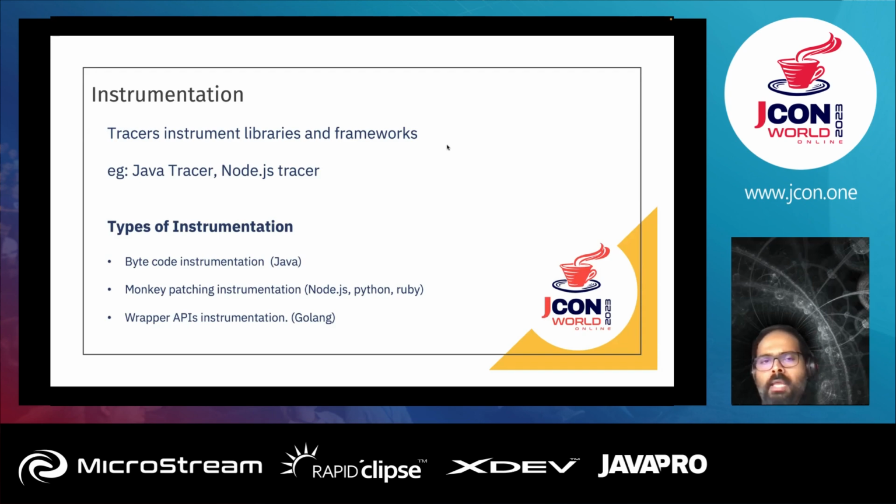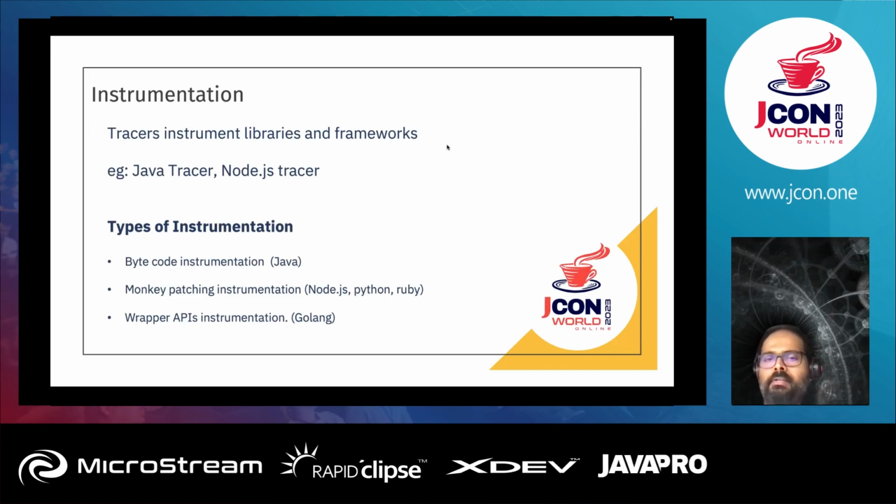Then there are languages where we won't be able to do any sort of instrumentation because they compile directly into machine language. In those cases, we will have to make some modifications to the application itself and have some wrapper code.